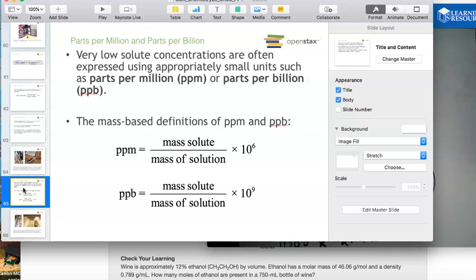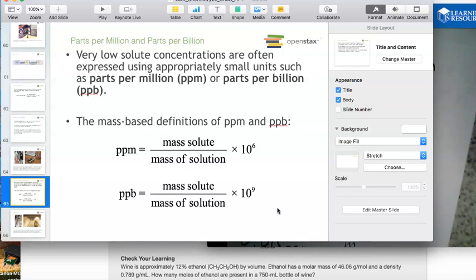So depending on what you're dealing with is going to dictate what type of units you can use for the concentration. All right, so parts per million and parts per billion. You probably have heard of this before if you've ever looked at research papers involving pollution.